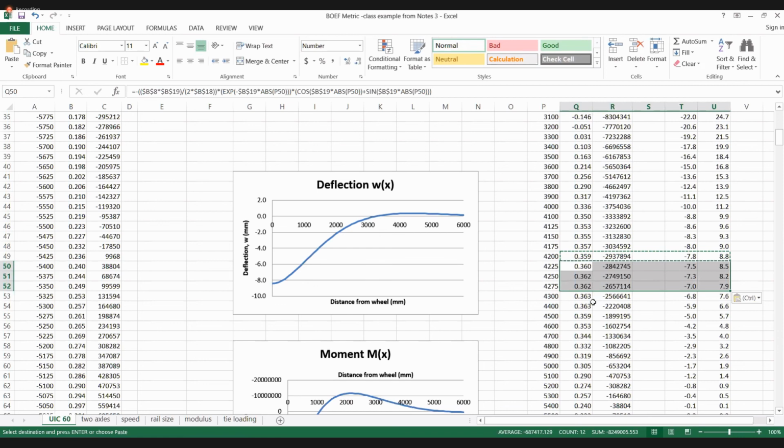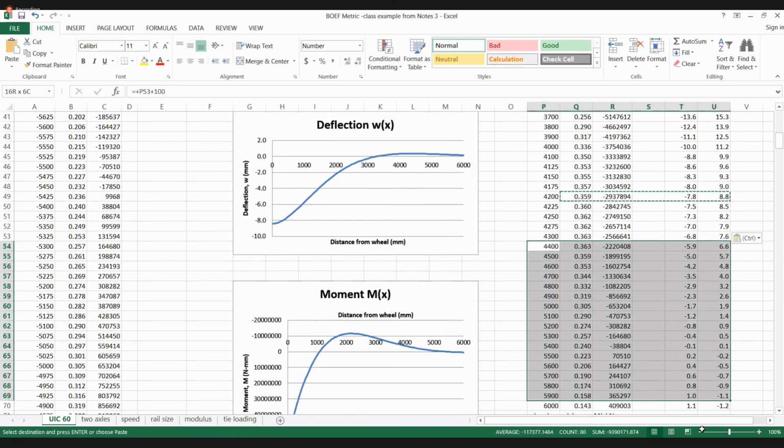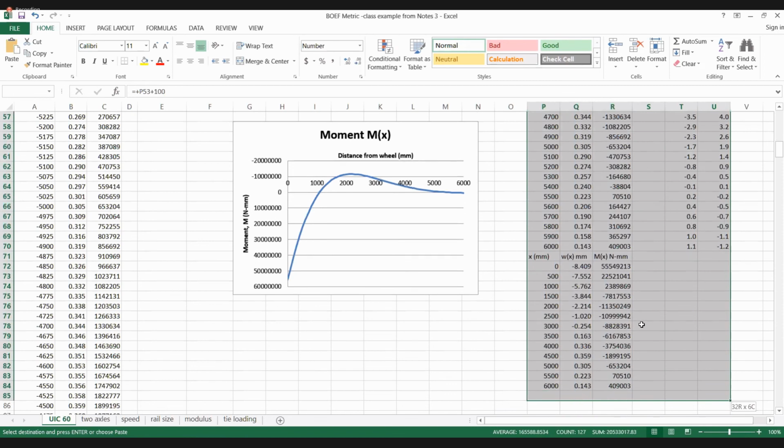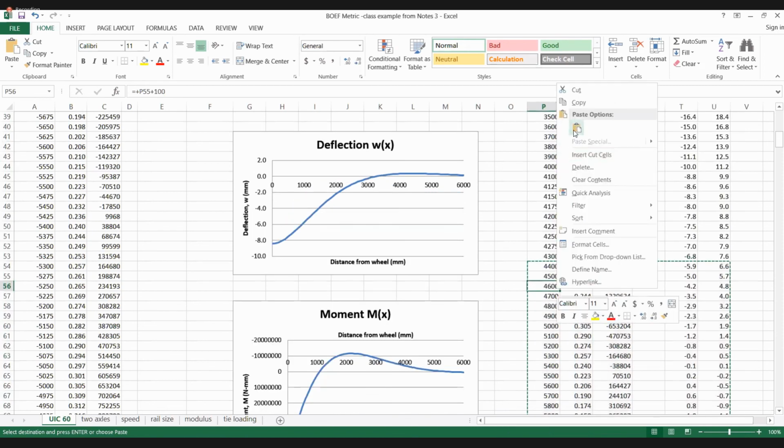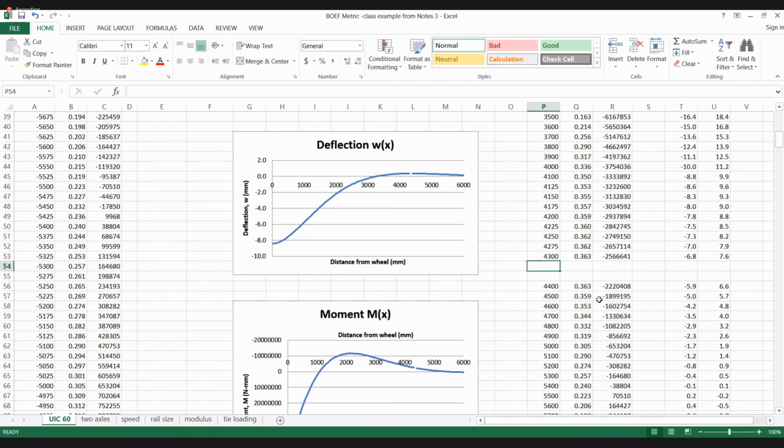You can see how it's changing. And so it looks like my maximum is actually probably going to be here. Oh, what did I do? Oops, I didn't do enough. Let's just do this.